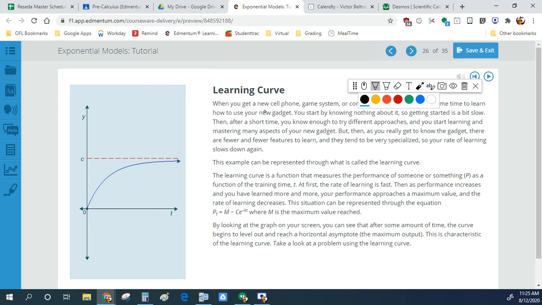The negative c right here tells us where that's going to be. The first negative flips it over this way, the next one flips over the other way. That's why we have two negatives in this expression.